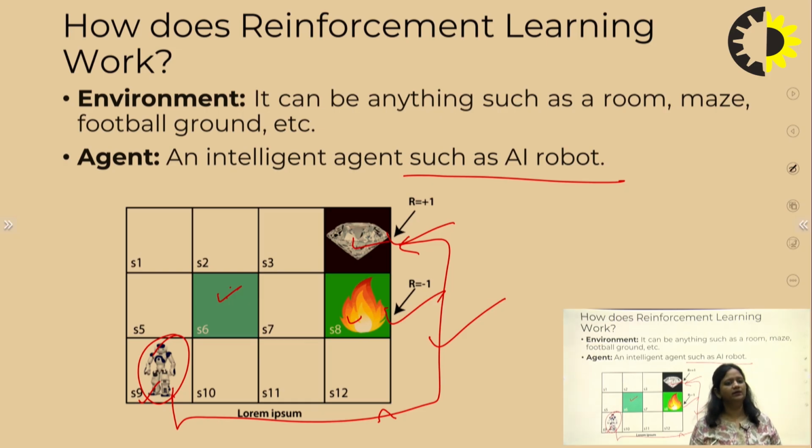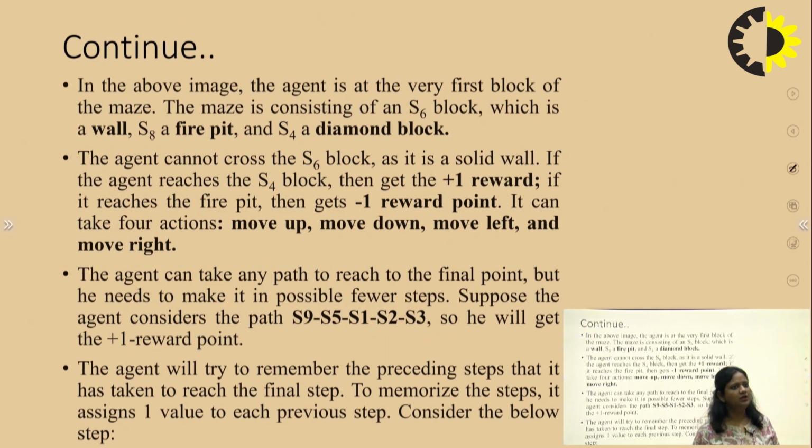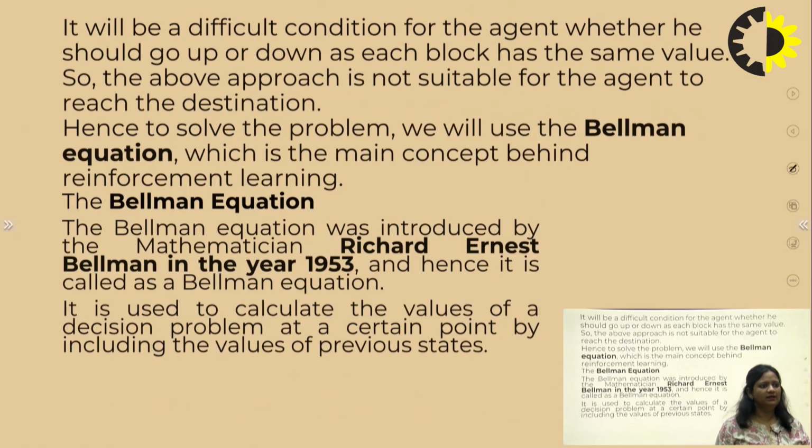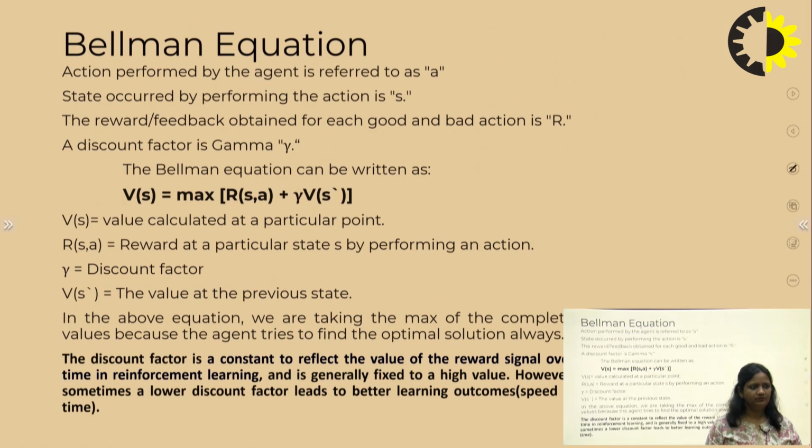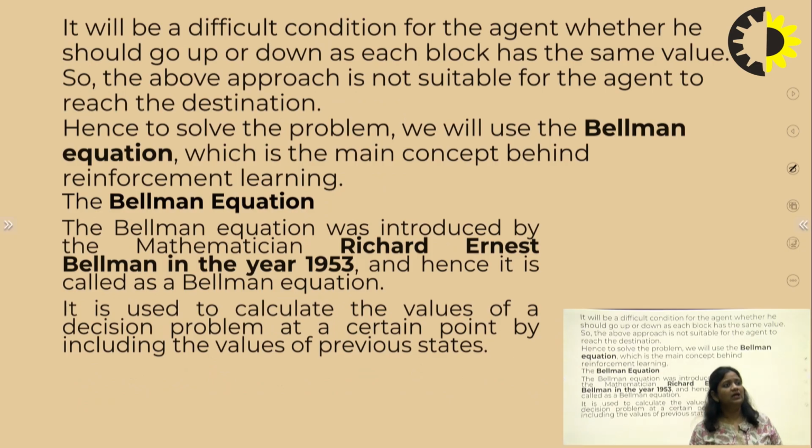What is the learning task that reinforcement learning is trying to do to reach the destination from the source? We understand the learning task by using the Bellman equation. So now comes the Bellman equation. It will be difficult for the agent to decide when it should go up and down when all the grids have the same value.